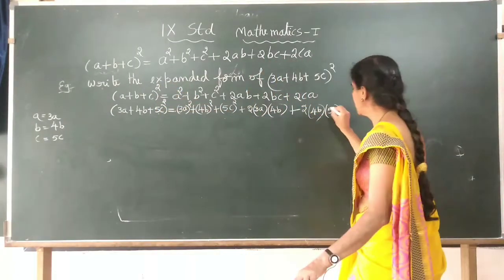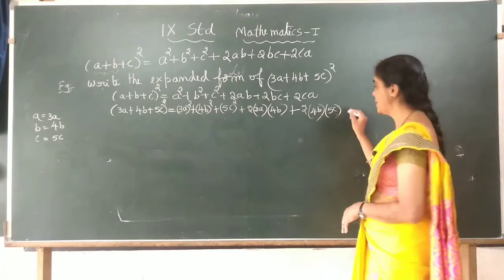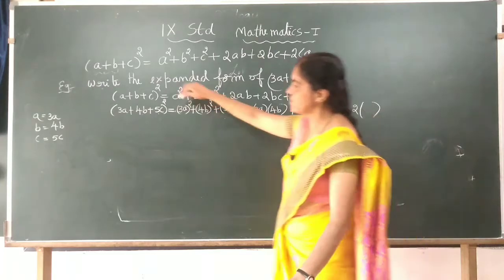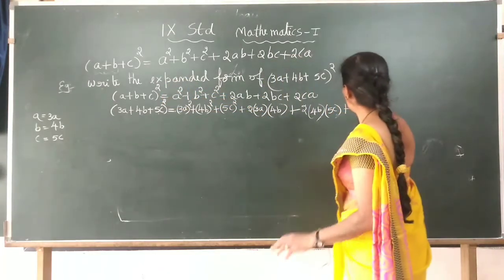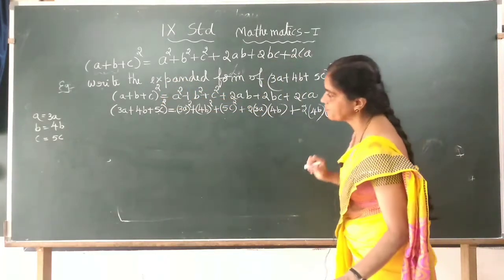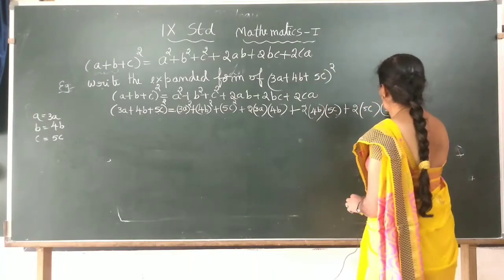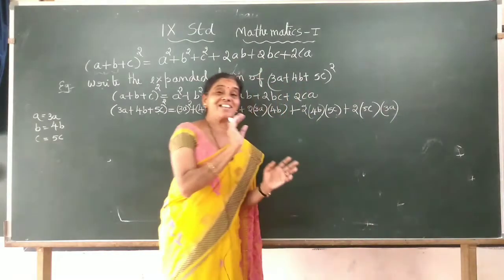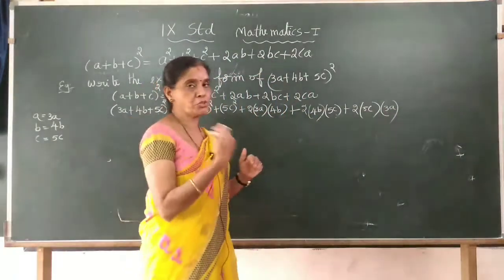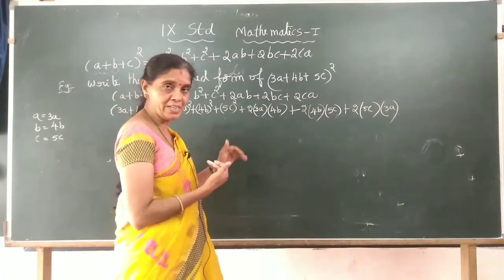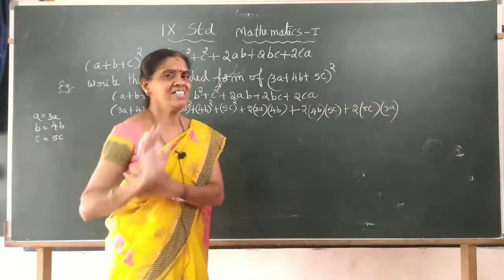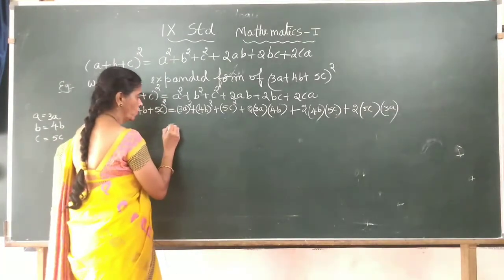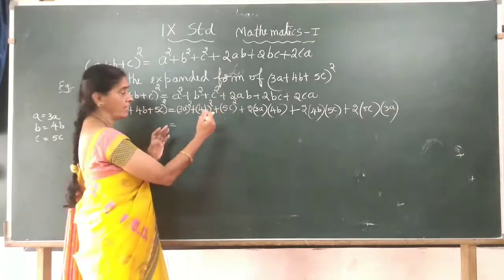Then 2CA: 2 into 5C into 3A. If you know the identity and do the substitution and simplification properly, you will get exactly the correct answer. Now only simplification remains. Slowly we will do it one by one.